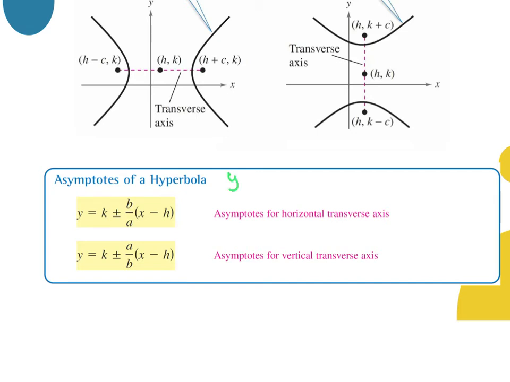And if you remember, point slope form of the equation is y minus y1 equals the slope times x minus x1. So in this case, when it's horizontal, the slope will be b over a, and then x minus x1. This is just going to be k, this is going to be h. Over here, same thing, but what changes is the slope.